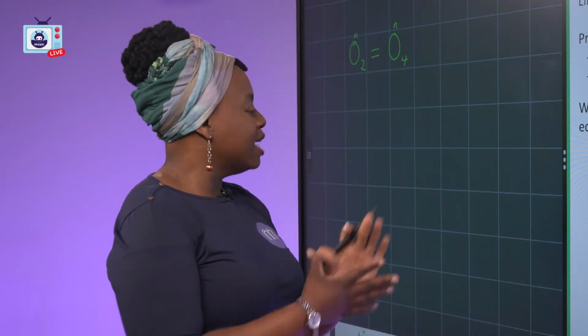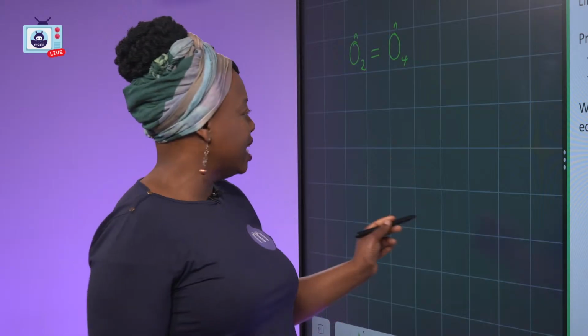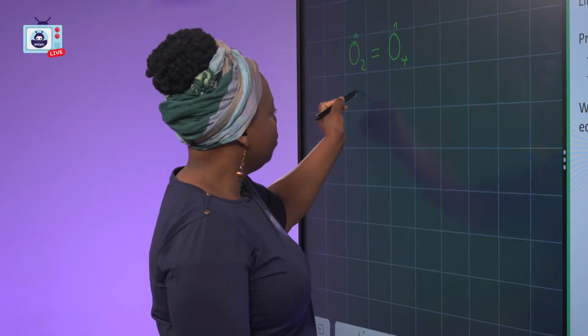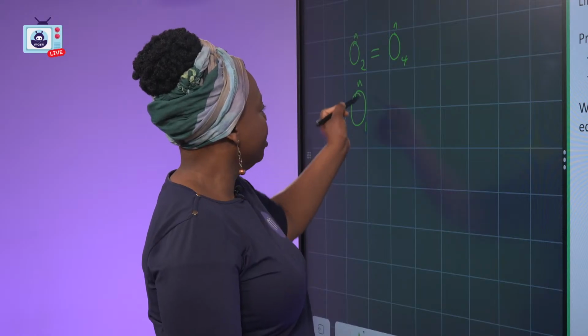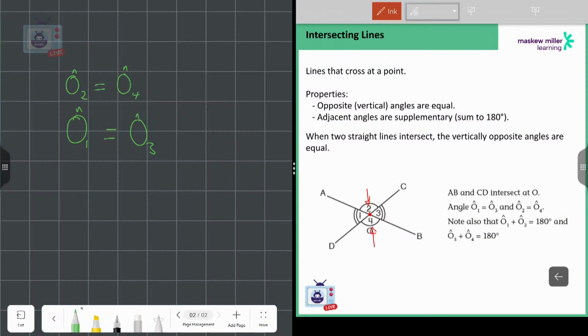For as long as you have a straight line, please understand that it does not happen to every line, but the lines have to be continuous straight lines like that, and then they intersect like we are having them in this moment here, right? Also, angle O1 will be equal to angle O3. That is vertical opposite angles.